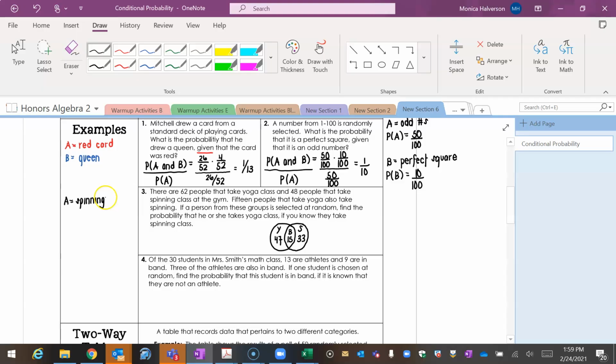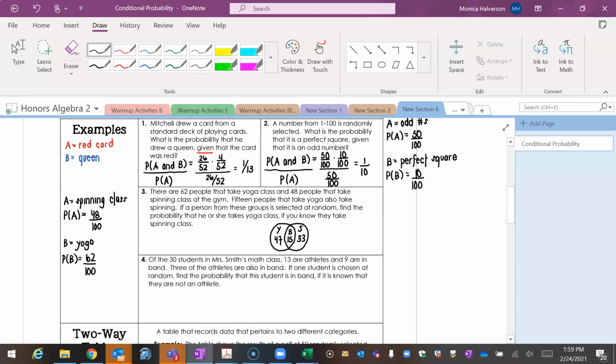We know that the probability of the person taking spinning class is 48 out of 100. Now, our event of interest is that they take yoga, and the probability that they take yoga is 62 out of 100.